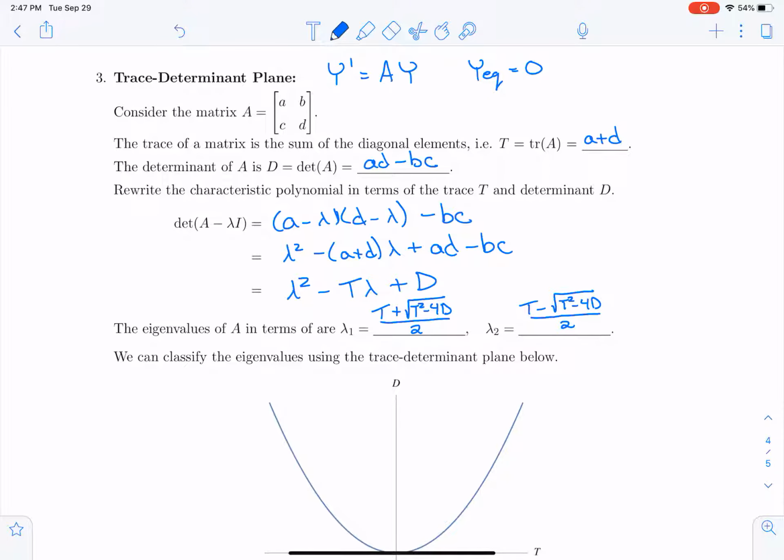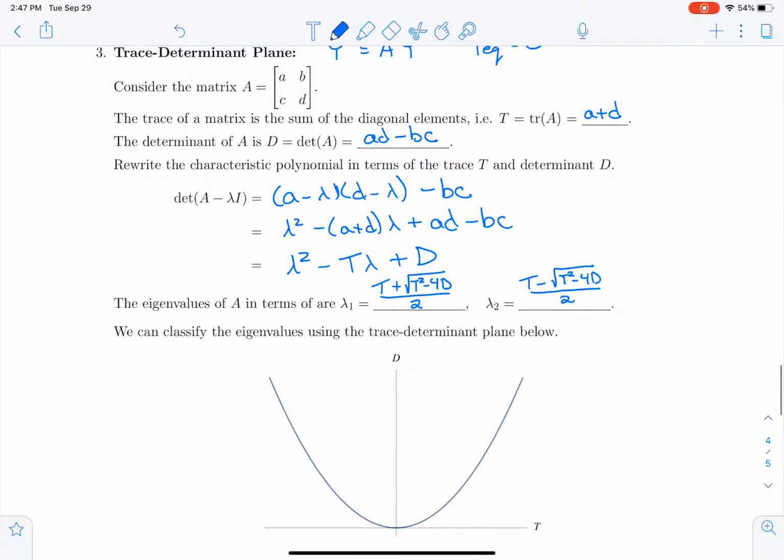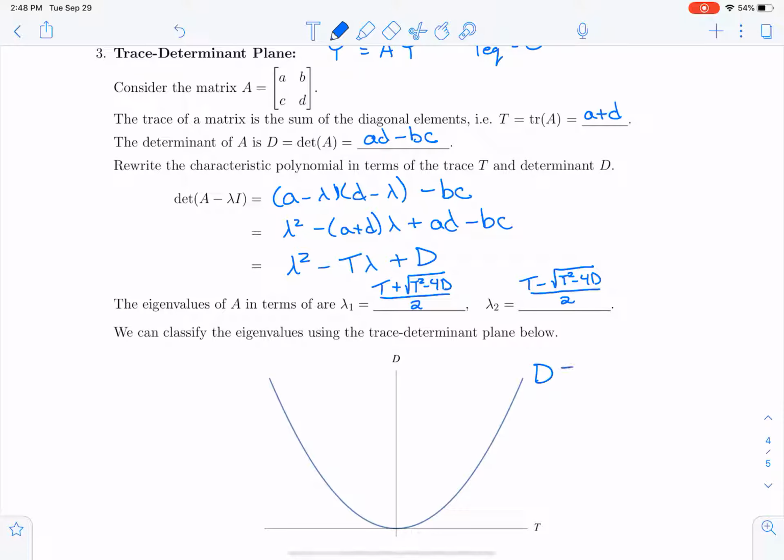And so we can classify our eigenvalues by looking at points in the trace-determinant plane. Here I've drawn two axes, the trace axis T and the determinant axis D, and then I've drawn the parabola D equals 1/4 T squared.